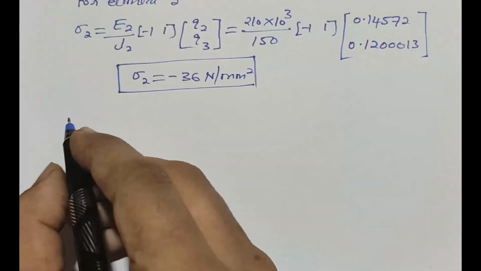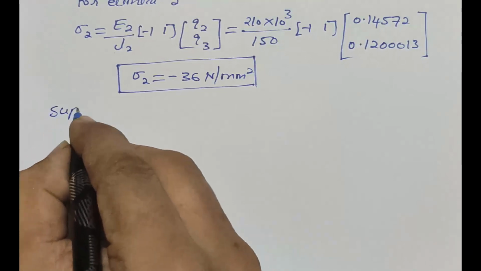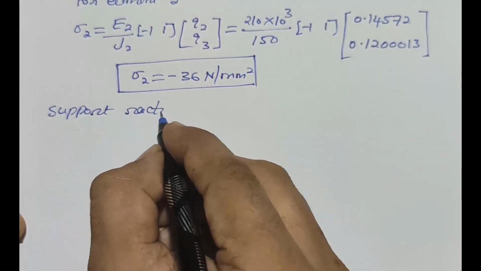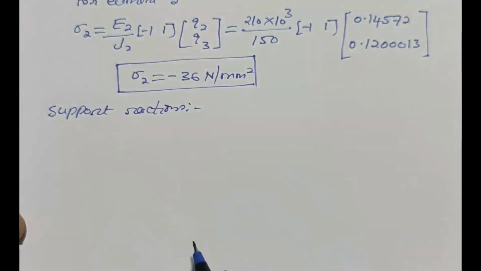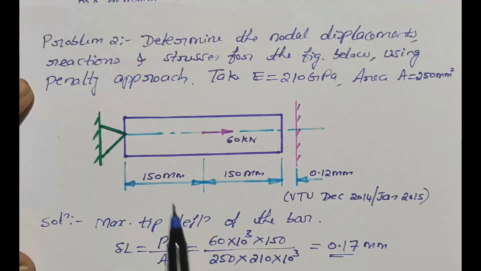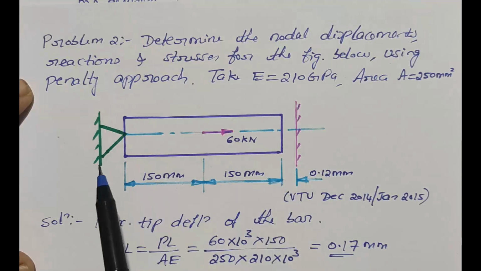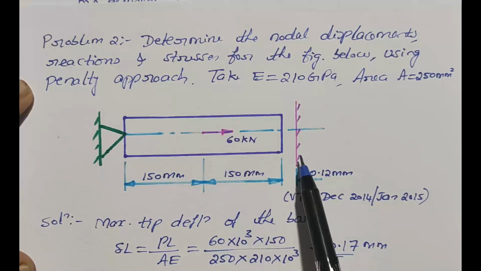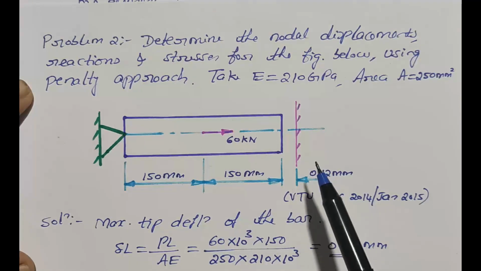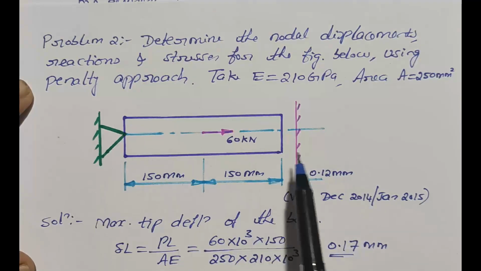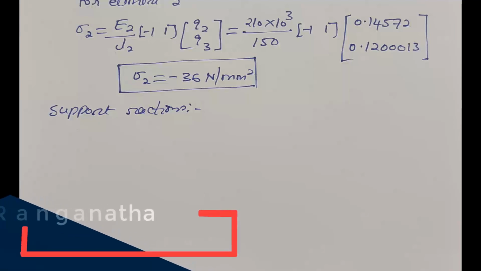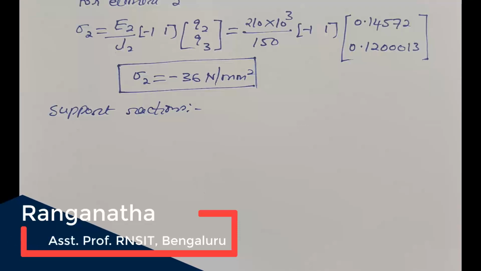Next, we need support reaction. Support reactions. See the figure. We have support at node number 1 as well as at node number 3. So you have to find out support reaction R1 and R3. Here, see, in penalty method, the fixed supports are modeled by using a spring.